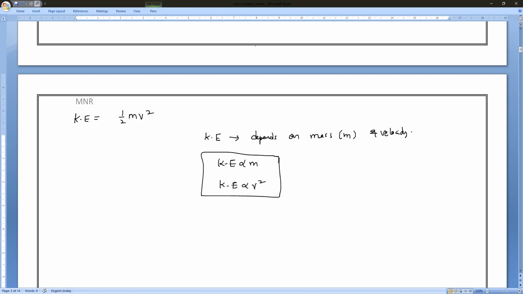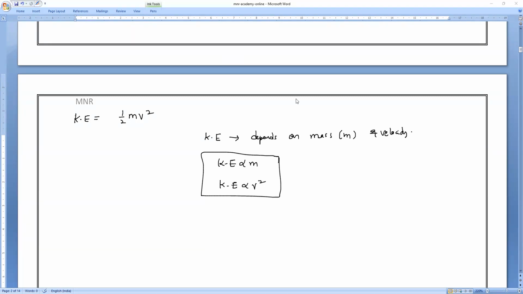Is it okay, boys, everybody? Kinetic energy is directly proportional to velocity squared. Yes or no, guys? Now, while you are solving problems, remember that one time you will keep mass constant and one time you will keep velocity constant. Am I right, guys? Yes, sir.